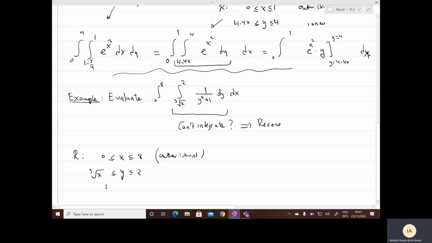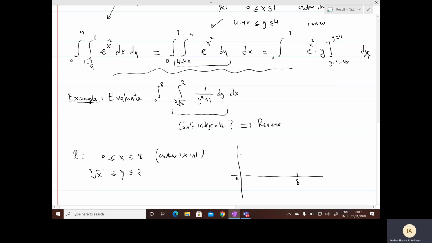Okay. Sketch this region here. And this is the sketch here. The x interval is 0 to 8. So this is 0 to 8. The y interval means y equals the cube root of x, this is the inner, and y equals 2 is the outer. The cube root of x is the lower curve, y equals 2 is the upper curve.